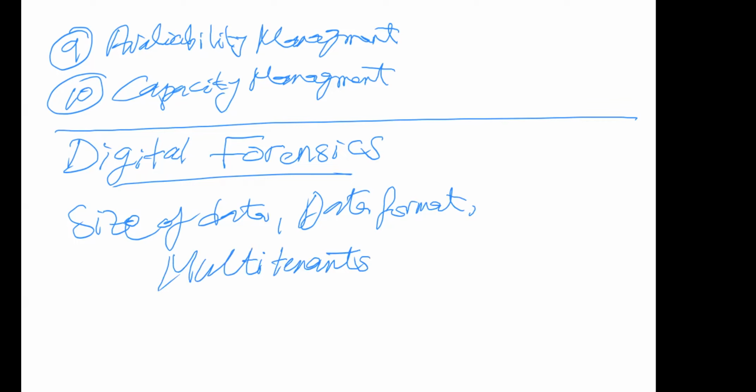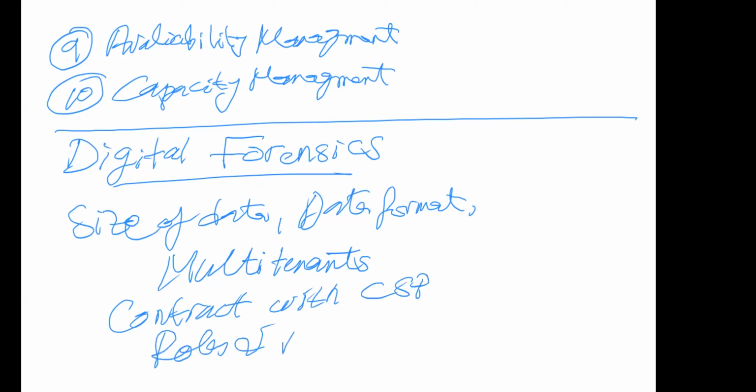Of course, here, gentlemen, it is very important, and I will keep saying very important till tomorrow, that it should be very clear in your contract with the cloud service provider, defining the roles and responsibilities related to digital forensics.